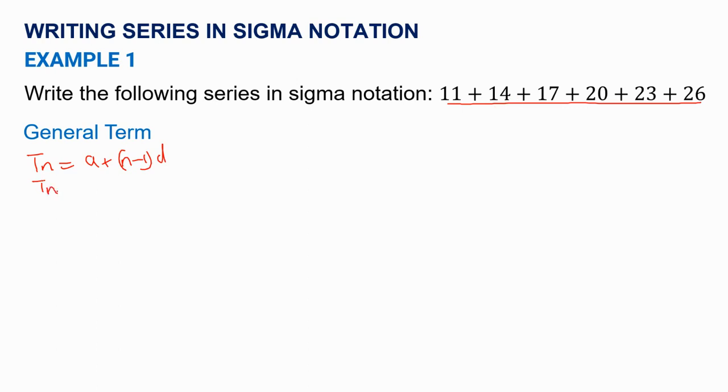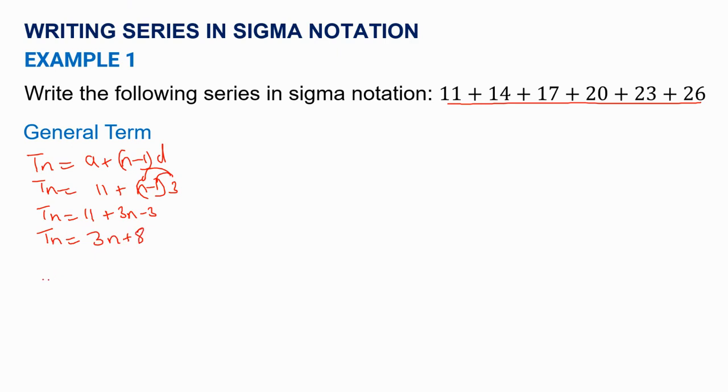So Tn is equal to 11 plus (n minus 1) times 3. Then Tn is equal to 11 plus 3n minus 3 after distributing 3. Let's simplify that. Tn is equal to 3n plus 8.